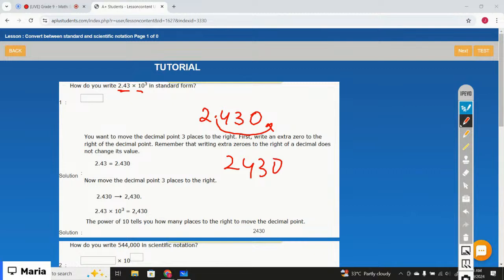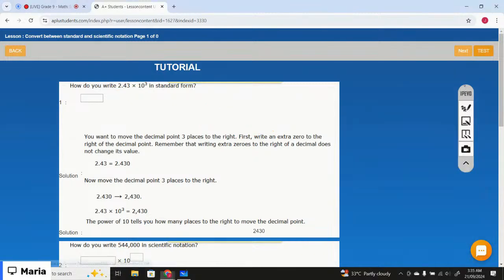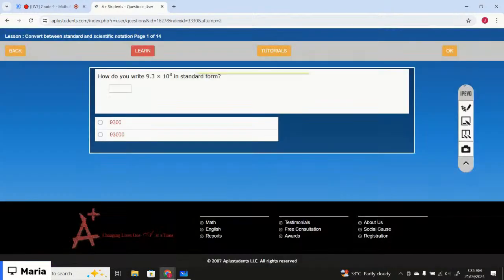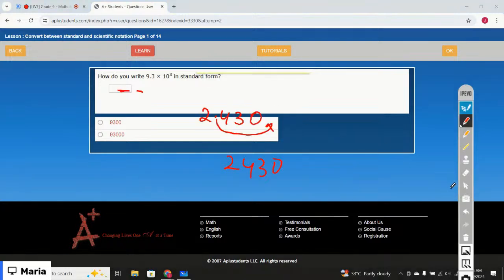Okay, let's just start with the test questions. How do you write 9.3 times 10 exponent 3 in standard form? So you have 10 exponent 3. That means you need to move decimal point 3 places right. You have only one decimal place, right?